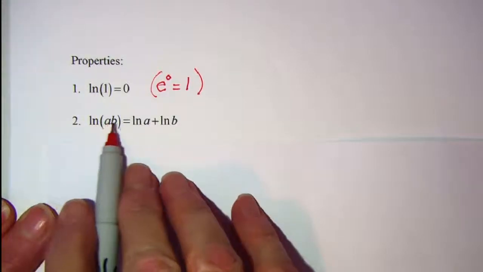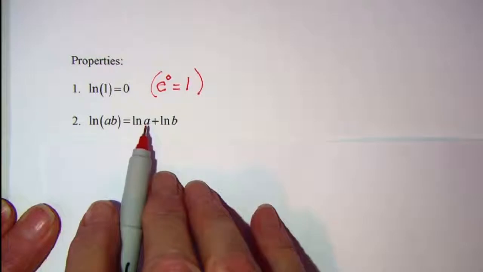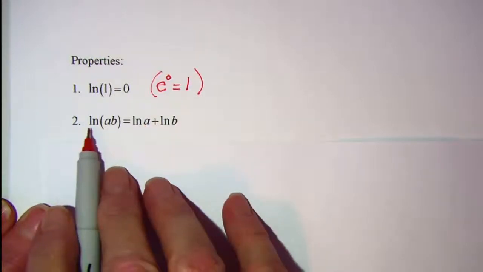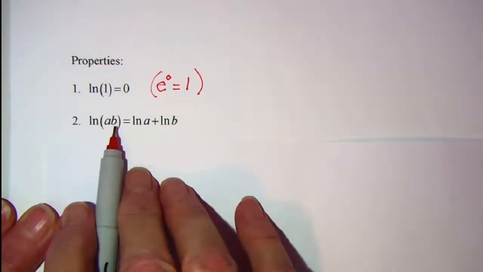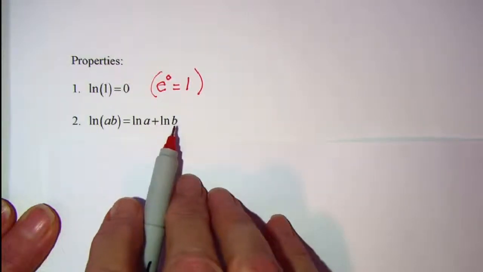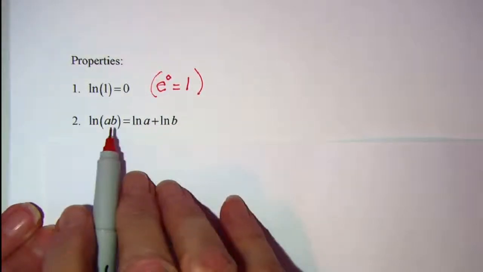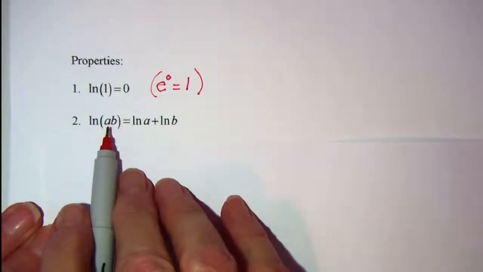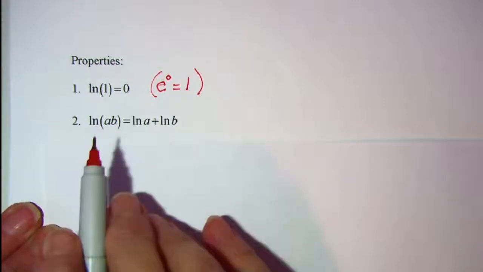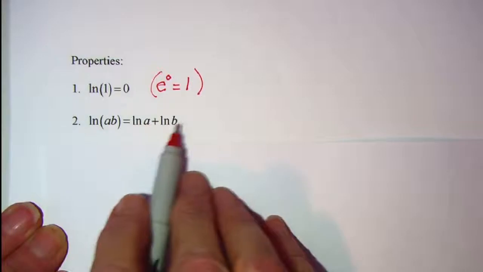The natural log of a product is equal to the sum of the factors. So the ln of a times b is equal to the ln of a plus the ln of b. And remember, logarithms are exponents. So when we have two exponentials multiplied together, we always add their exponents.